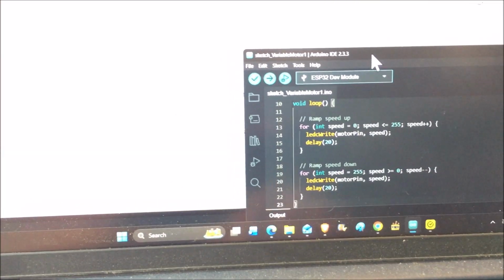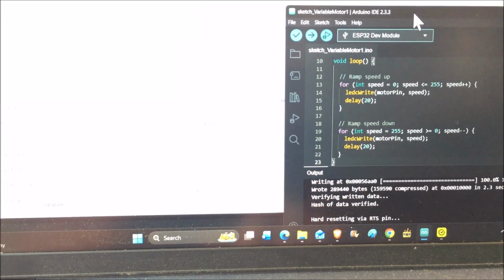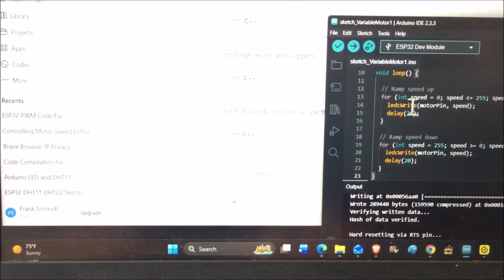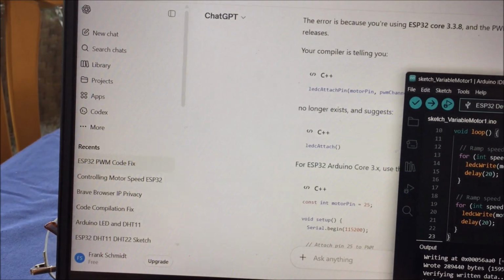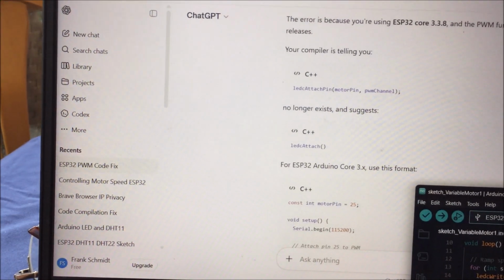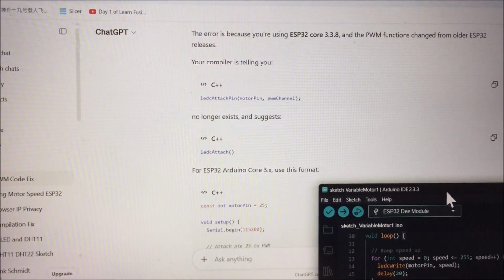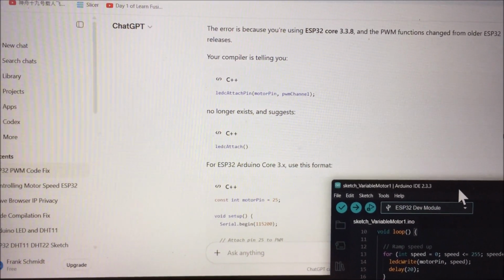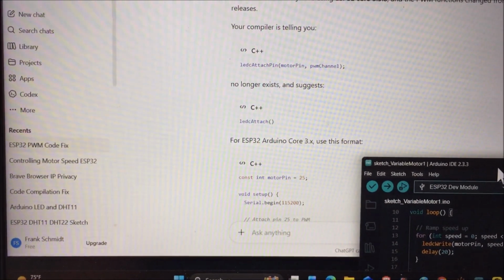And when I first got the code, I tried to run it in Arduino, and I was given an error message regarding this LEDC write. When I went back to ChatGPT and I asked, why did I get this error message? And by the way, I just copied the error message, which ended up being the entire sketch, and pasted that into chat.